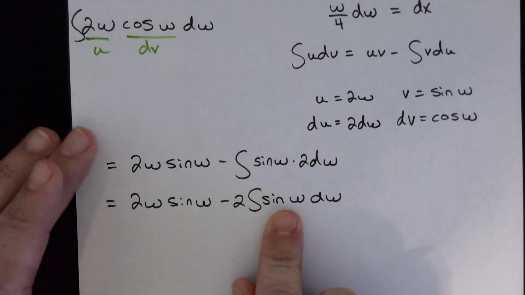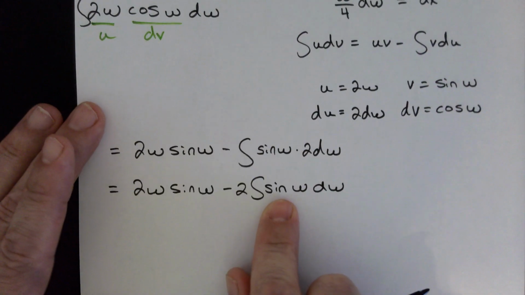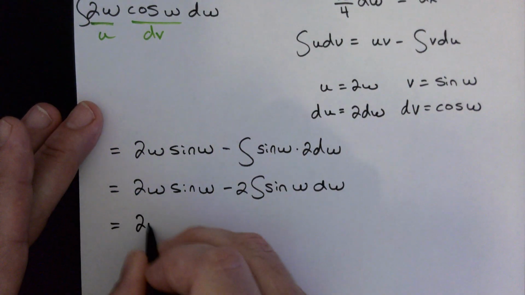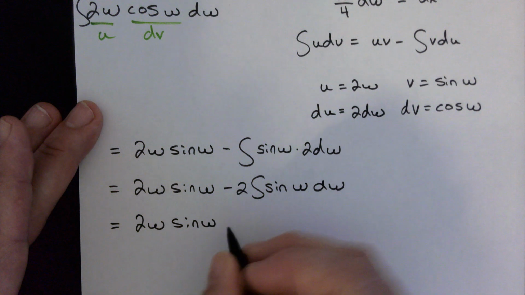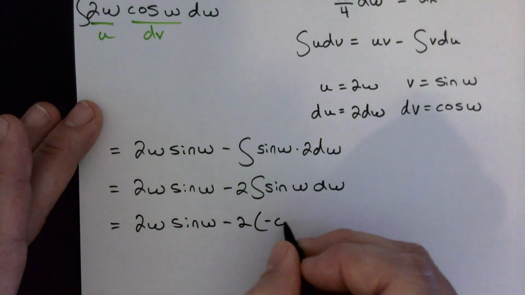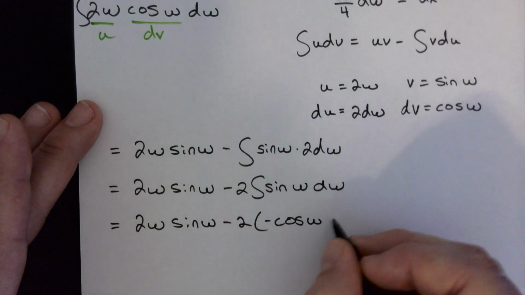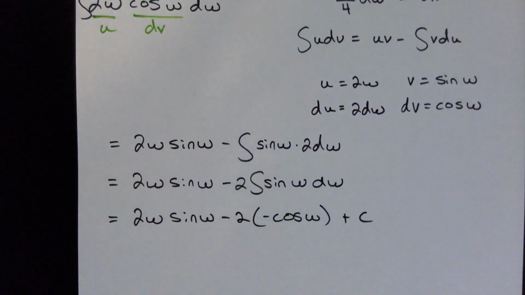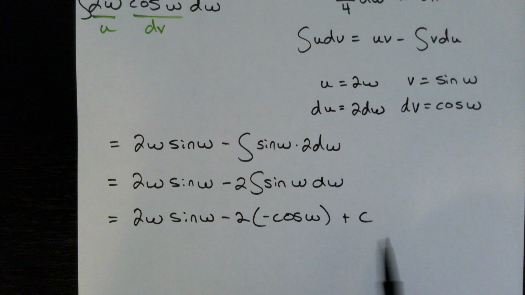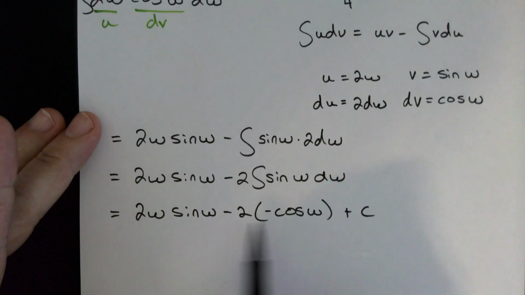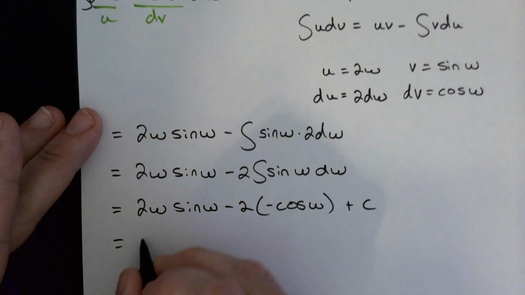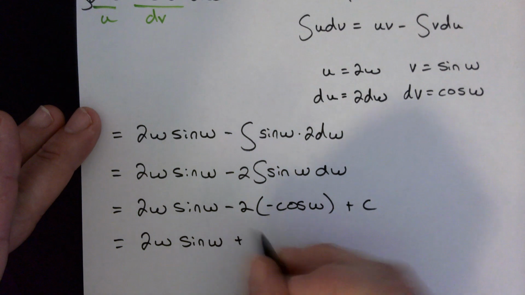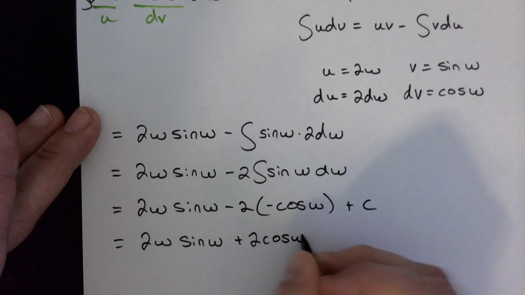When we take the antiderivative of sine w, it turns into a negative cosine. So this is going to be 2w sine w minus 2 times negative cosine of w. Then we put a plus c on the end because we don't have any numbers in this, so we have to add a constant. Notice the 2 negatives here, just like last time, will cancel out. So this is 2w sine w plus, because of this, 2 cosine w plus C.